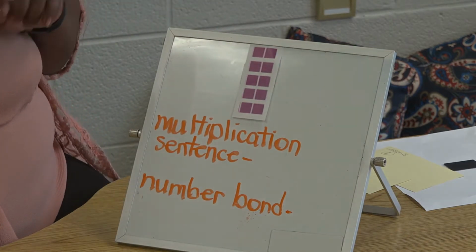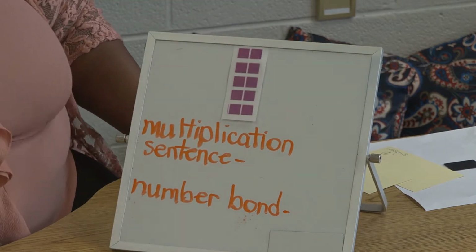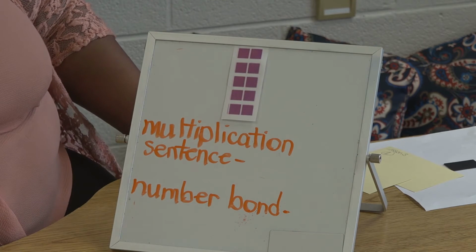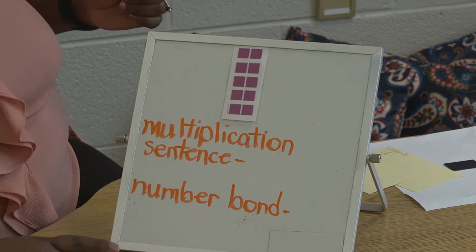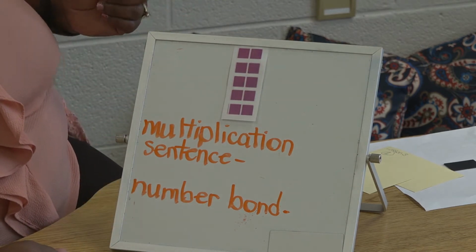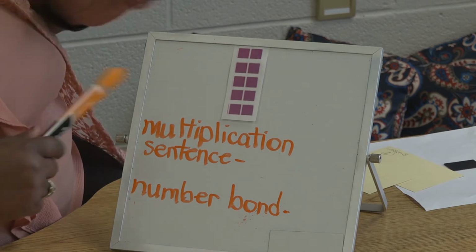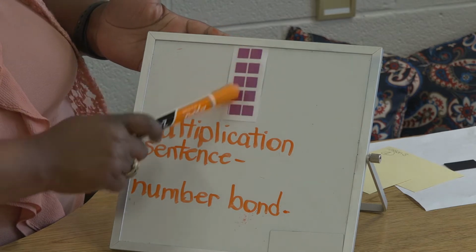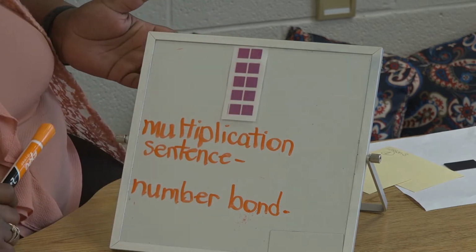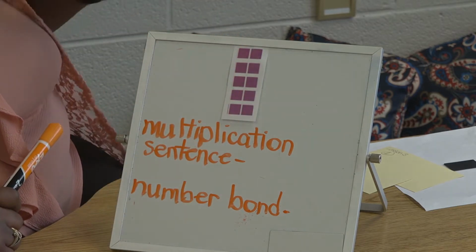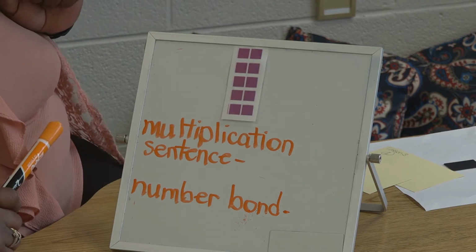I'll give you just a couple more seconds to work on that using your paper and pencil. A multiplication sentence and a number bond to match. Looking at those rows and columns, that's how I'm going to decide what to write for the multiplication sentence.